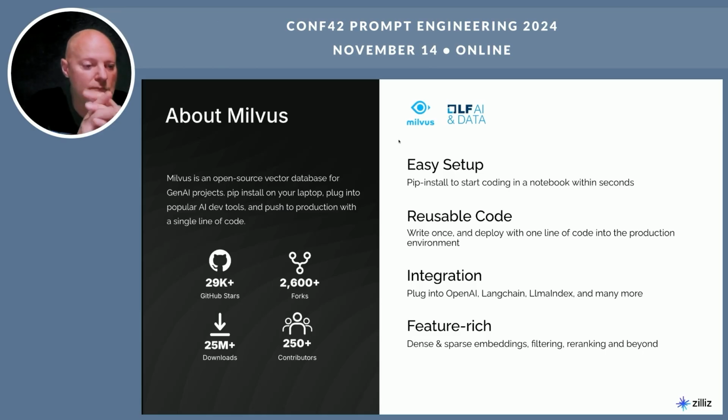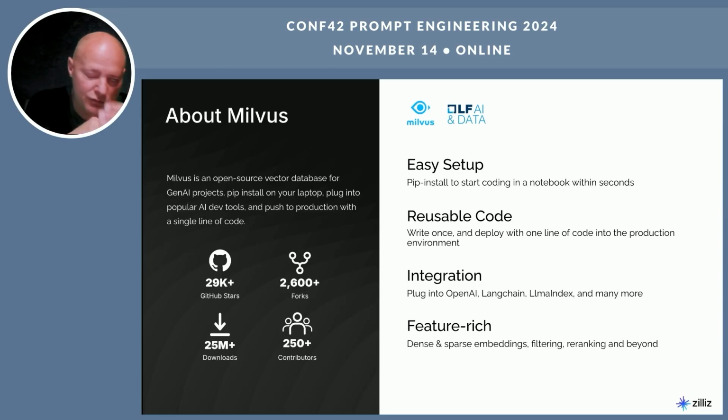Now, Milvus is the open source product that I'm talking about. It has, at this point, over 30,000 stars, tons of users, tons of downloads. It's easy to use. Pip install it in a notebook and use it right there, or use it as Docker or in a big cluster or in Zilliz Cloud.